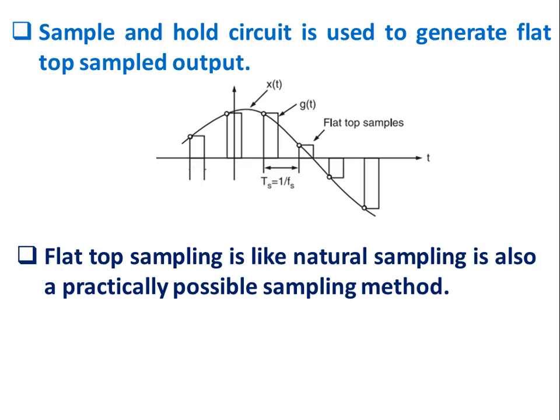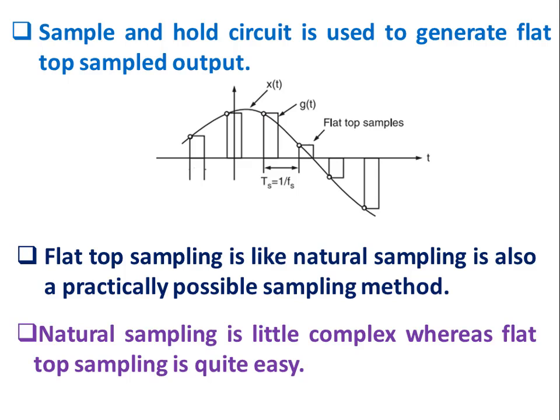Flat top sampling is like natural sampling, and it is also a practically possible sampling method. But the difference is that natural sampling is a little complex method in which reconstruction of the sampled output is very difficult at the receiver end, but the flat top sampling method is quite easier than natural sampling, and it can easily reconstruct the sampled output and recover the original signal back.